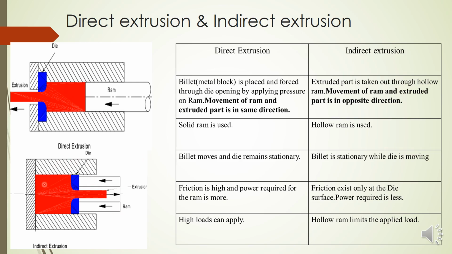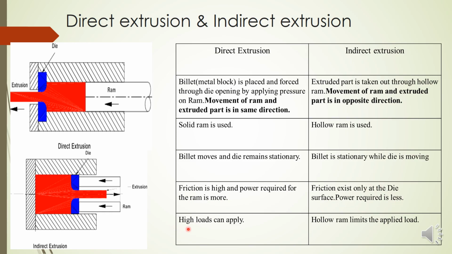But in indirect extrusion the billet is not moving, instead this small die is moving. So less friction exists, so power required is less. So that is another major difference. Friction is high in direct extrusion and it is less in indirect extrusion, so it requires less power.